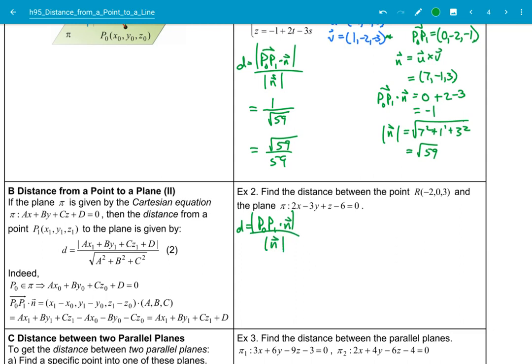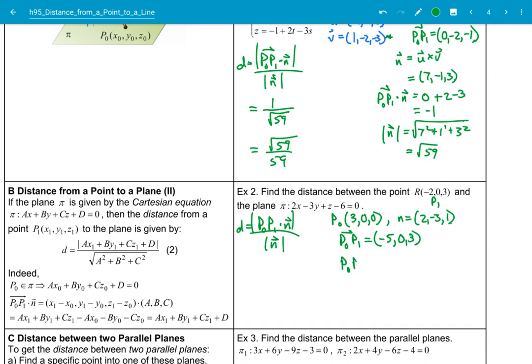We need a point. So we'll call this P1. P naught is some point on this plane. We'll do 3, 0, 0. And of course, the normal is 2, negative 3, and 1. P naught to P1 is negative 2 minus 3, negative 5, 0, and 3.